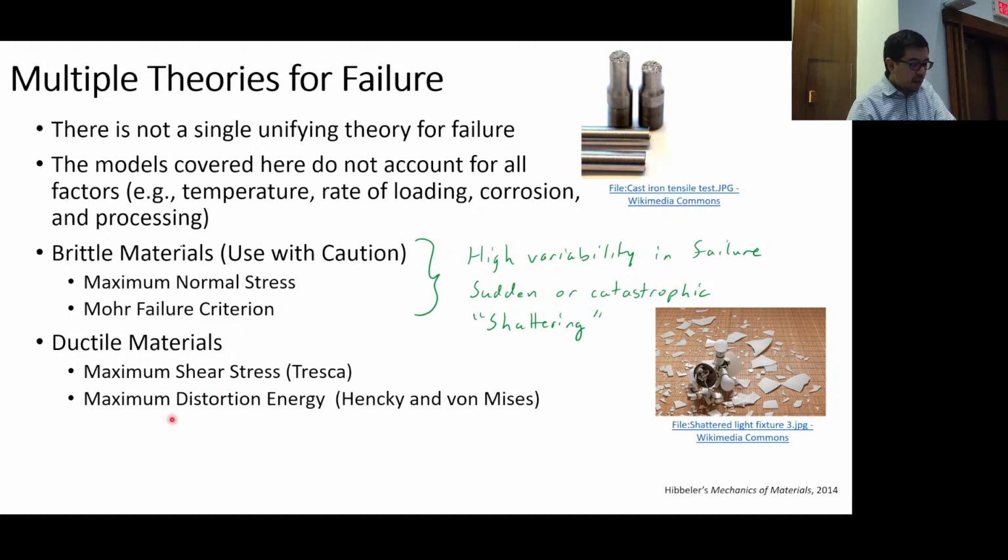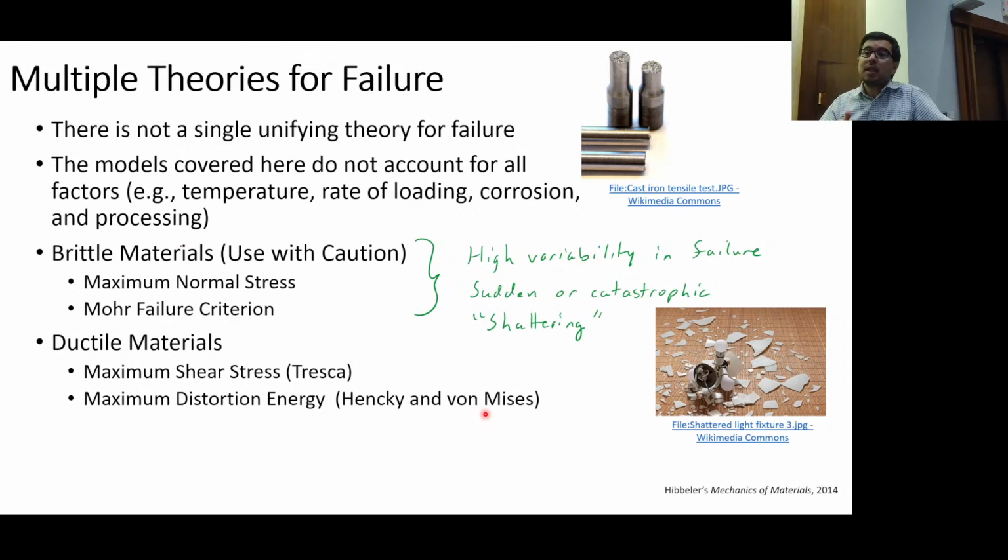And then the maximum distortion energy theory, we'll talk about next time. That will have the name Hencky or von Mises. If any of you have done finite element analysis besides what's done in this class, you've probably seen that von Mises is a very common way of describing the equivalent stress a material might be experiencing. Von Mises stress is essentially an equivalent stress that allows us to compare directly to the yield strength of the material.